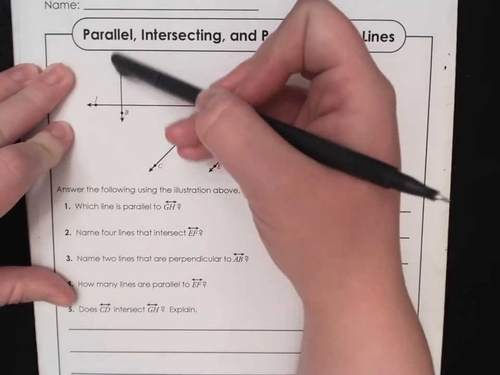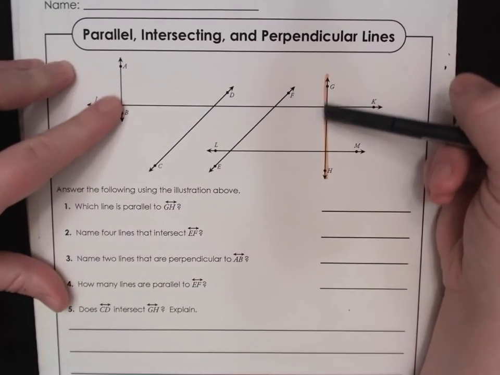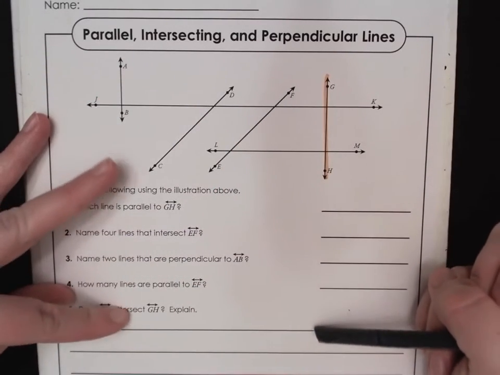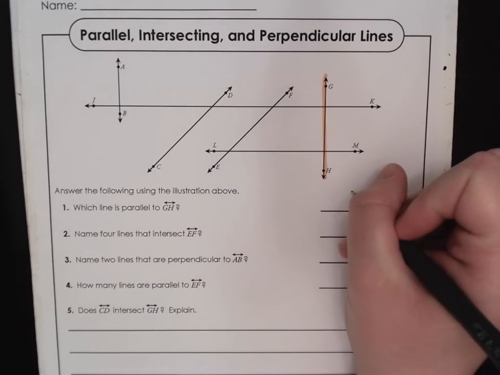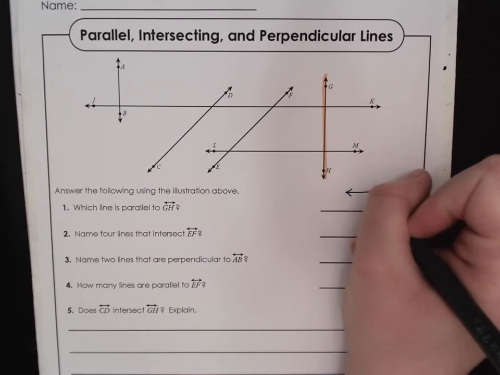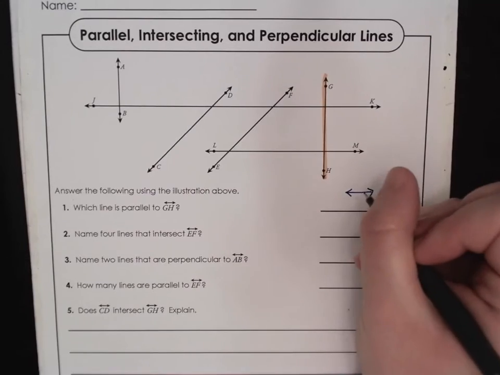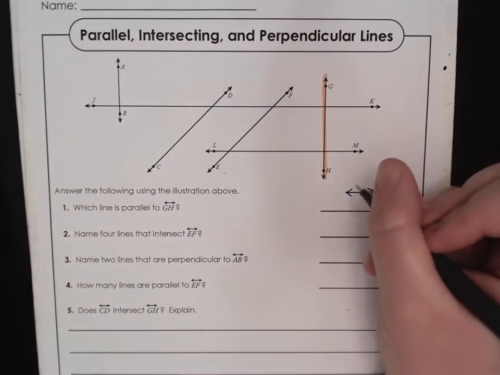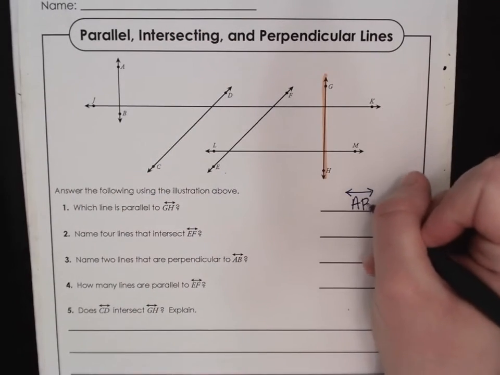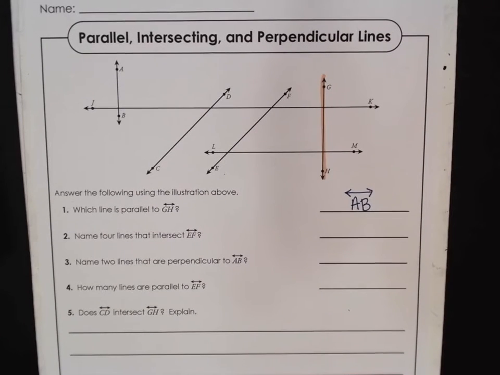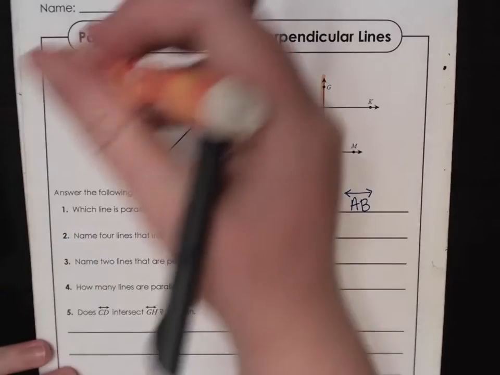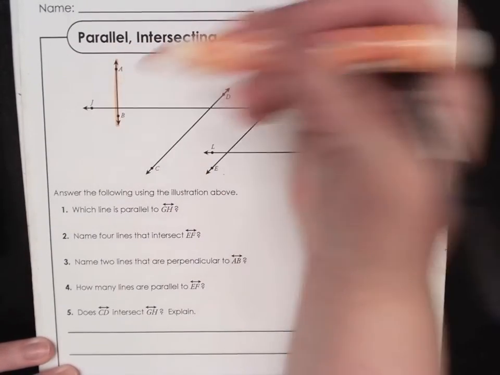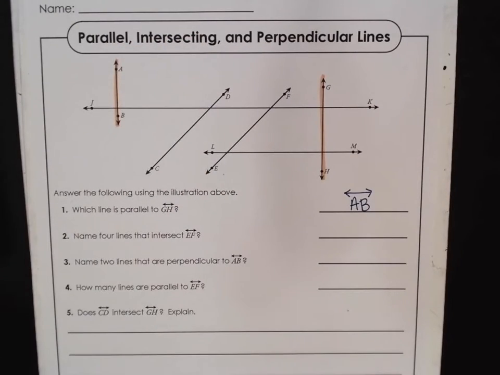If I extend line AB, and I can keep extending line GH, they will never hit. Those lines are parallel. So I'm going to write my symbol for line, which is that little line on top, and a capital letter to label line AB. So line AB is parallel to line GH.